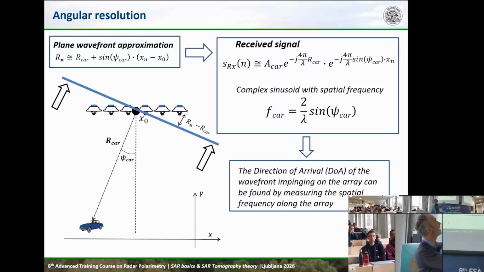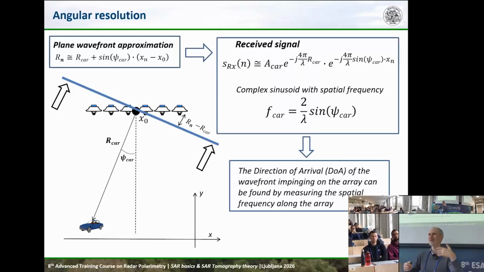And so we have that the signal is given by a car, so the amplitude that lets me understand how big the car is, so how strong its reflection is, times this first phase. This first phase is just the distance of the car to the central element. And then I have this phase variation that depends on the position of your antenna.